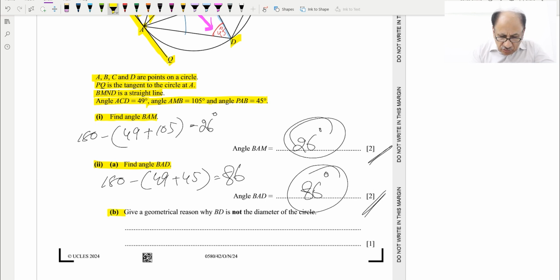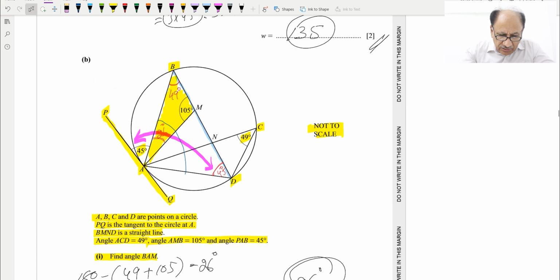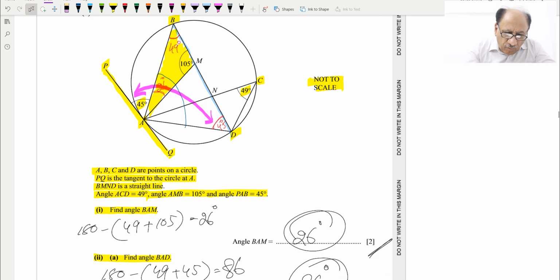Now B part, give a geometrical reason that BD is not the diameter of circle, and that one BD is this one. See, if BD is a diameter, then ABD should be a right angle triangle, which is not in this case.